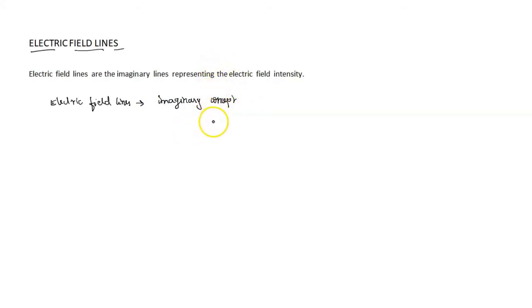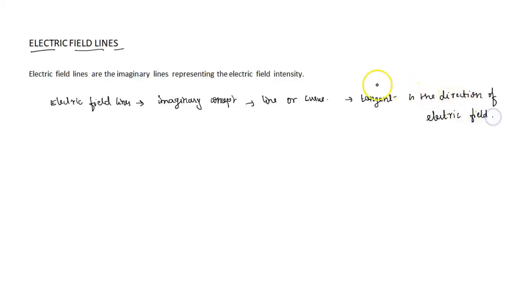We can say an electric field line is an imaginary line or curve drawn through a region of space so that its tangent at any point is the direction of the electric field vector at that particular point.